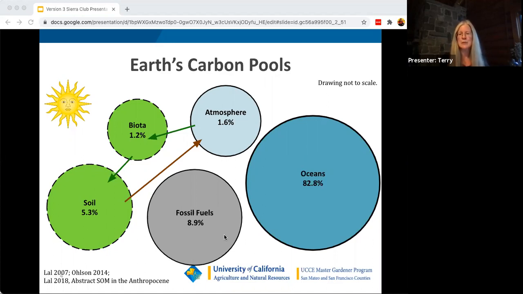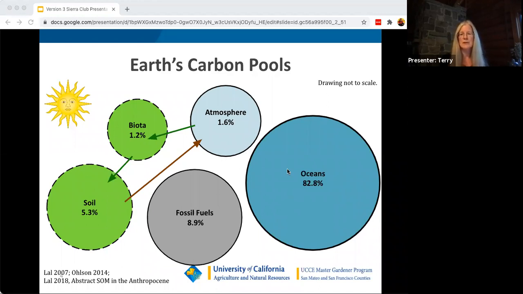So carbon is really not being created or destroyed, but it is moving between these pools. And some of these pools are better for carbon to be moving in and out of than others. Certainly our atmosphere and the ocean are areas where we really have added too much carbon, and our oceans are becoming more acidic due to the carbon stored in them.